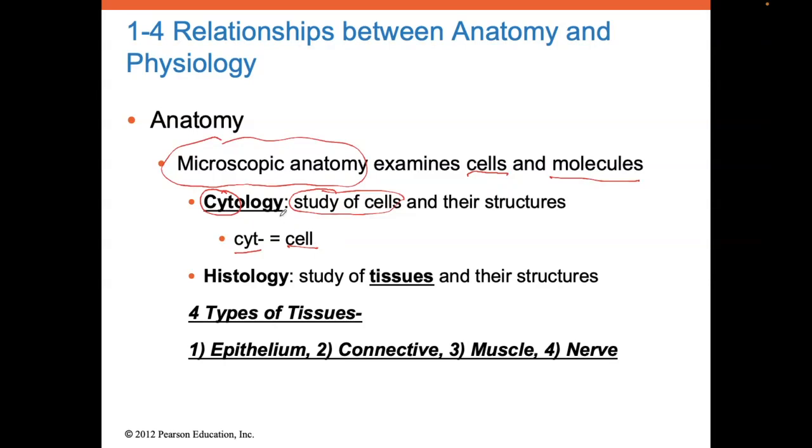But whenever we bring a bunch of cells together and we connect cells, we can connect cells through different types of what we refer to as cell junctions.